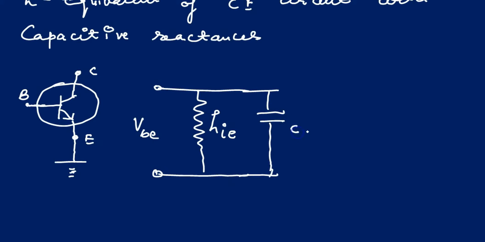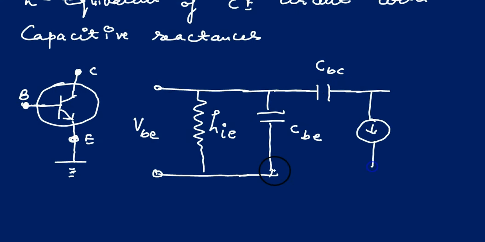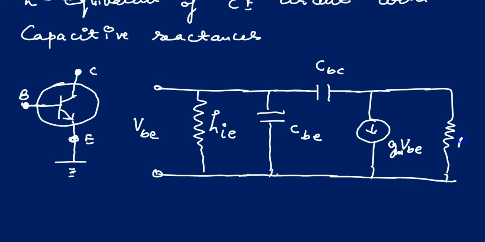This is the capacitance which appears between base and emitter. And this is the capacitance which appears between base and the collector. Then we have a current source, GM into VBE, and then here there is a load resistance, RL. Here is the output.